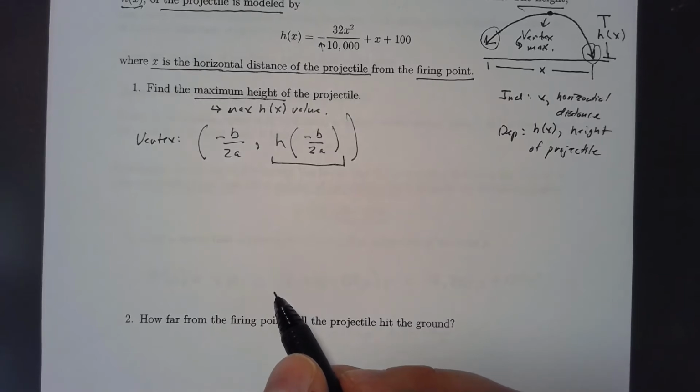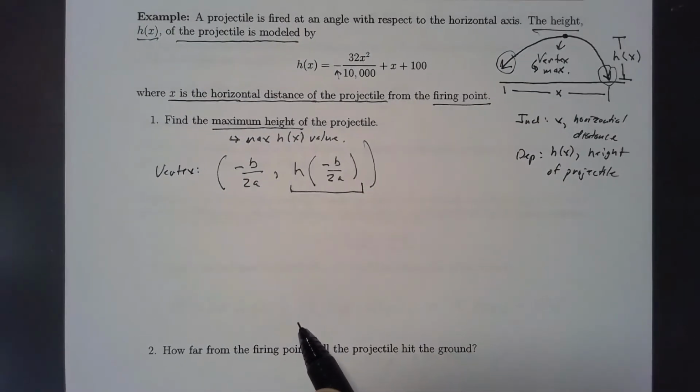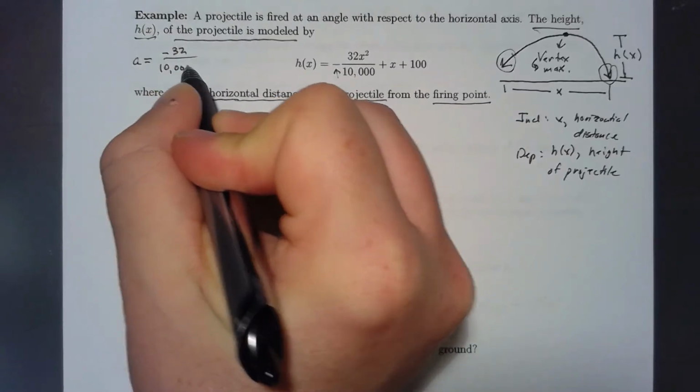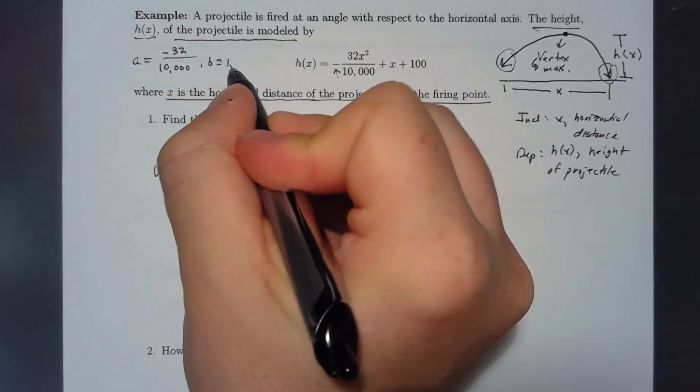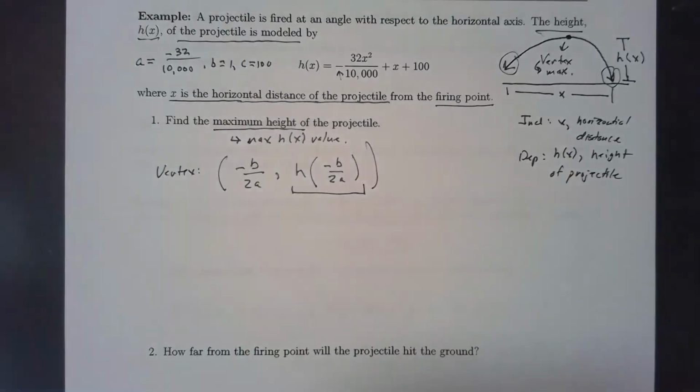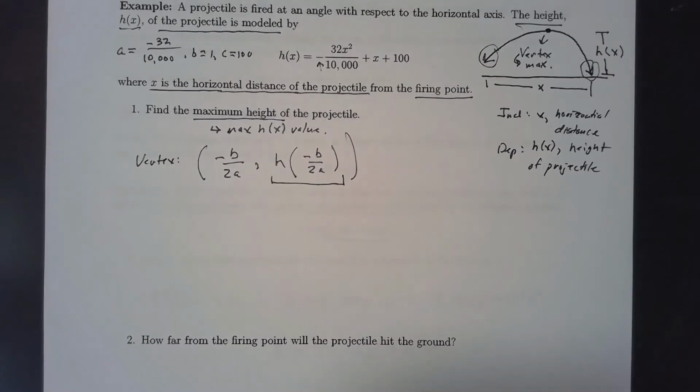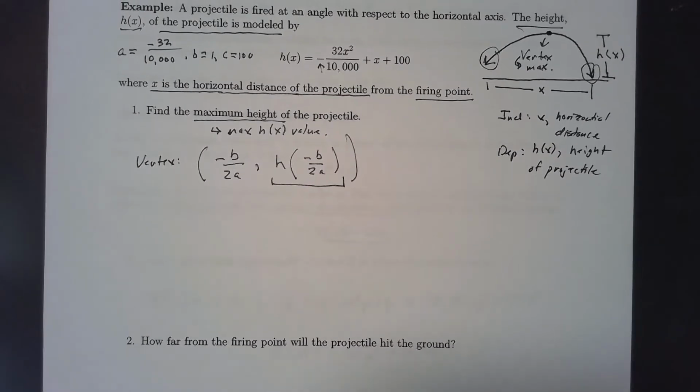So letter A, the leading coefficient, is negative 32 over 10,000. Letter B is 1, and letter C is 100. So in the video, I went through that work, and there's nothing wrong with letter number 1. When you go through that work, right, the x coordinate.